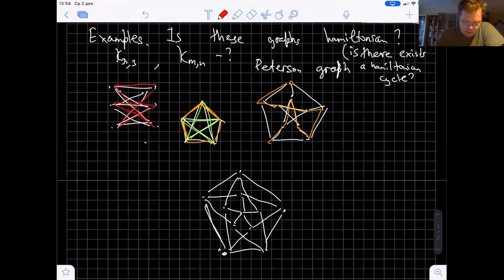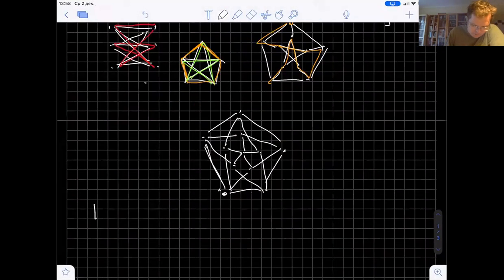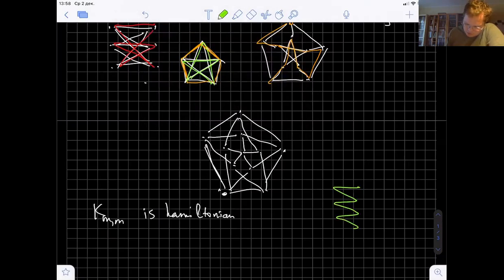Similarly, we can prove that every graph like K(m,m) is Hamiltonian, because you just go to the other part and then go to the new vertex and so on.